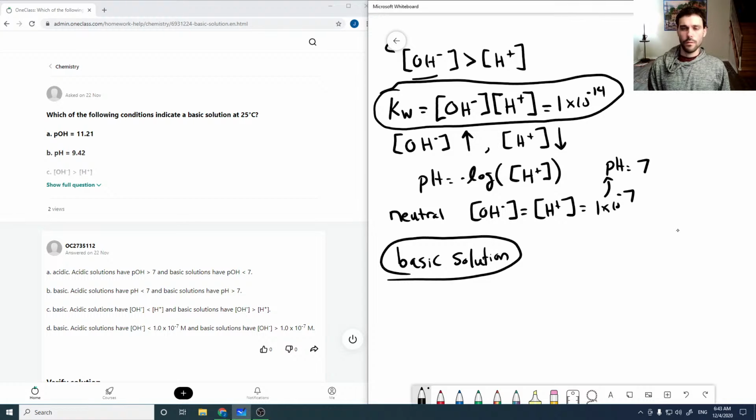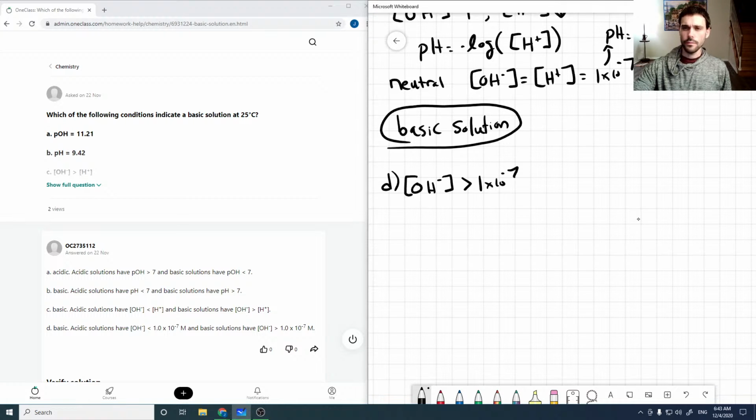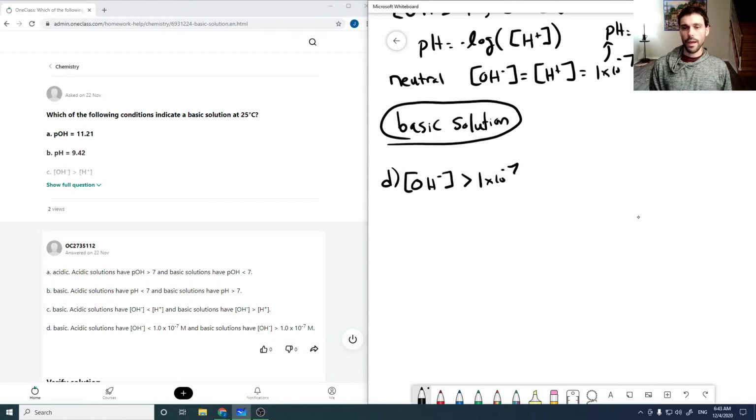Okay. And you can't quite see the last part here, but for D, we have that the concentration of OH minus is greater than 1 times 10 to the minus 7. And so again here, our OH minus and H plus concentration is in balance.